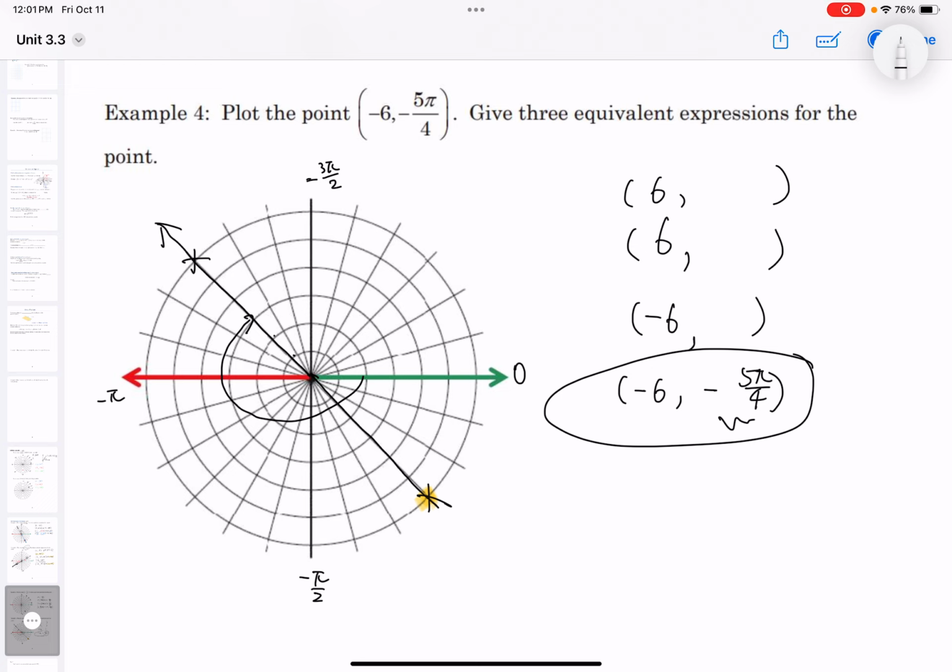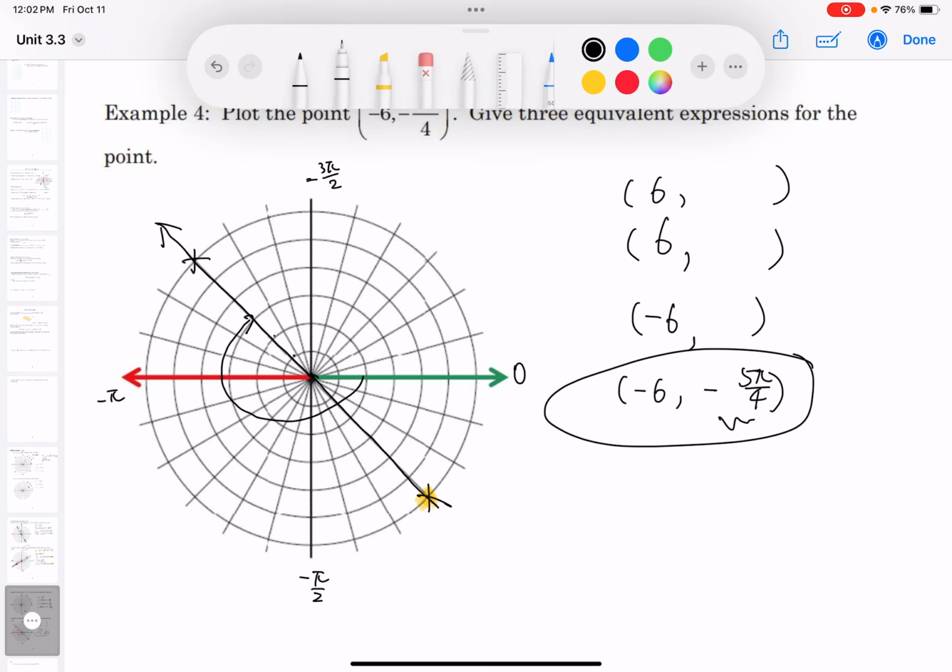Yes, we can add 2 pi or subtract 2 pi. So the third angle can be found by this: use -5 pi over 4, we can add 2 pi, you can also subtract 2 pi plus 4 pi. That is coterminal. So this point is -6, comma, do the math, we have 3 pi over 4, which is positive.